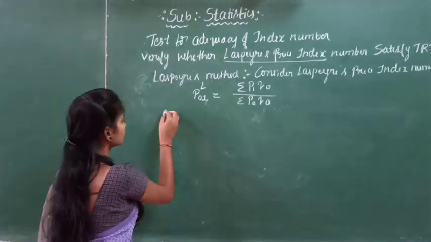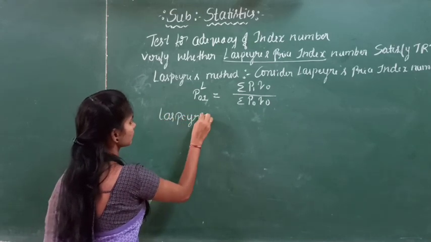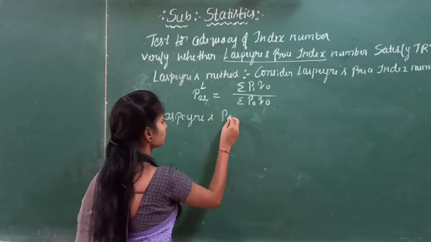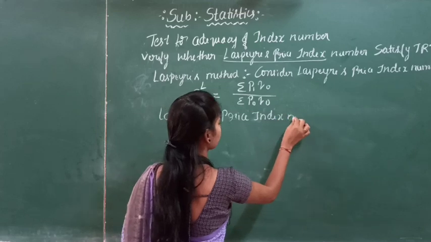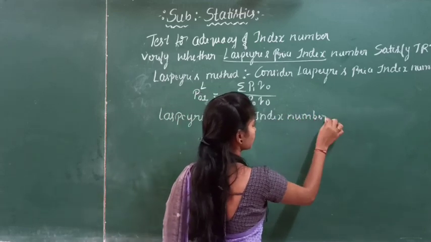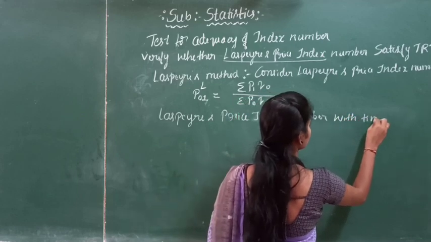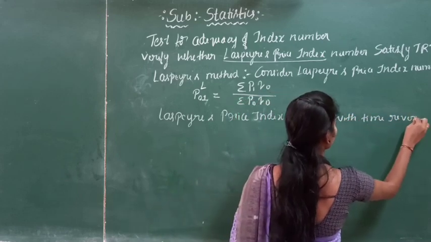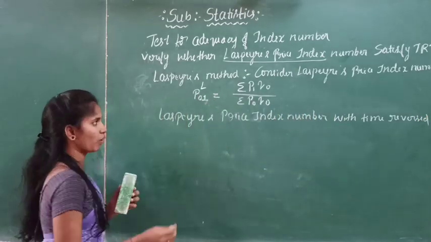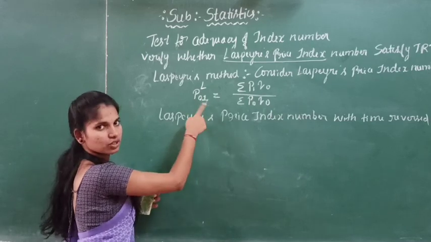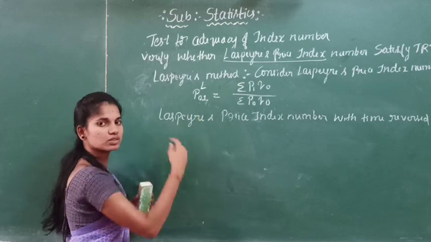Next step, Laspeyres price index number with time reversed. Time reversed is nothing but interchanging of 0 and 1. We write 1 instead of 0 and 0 instead of 1.